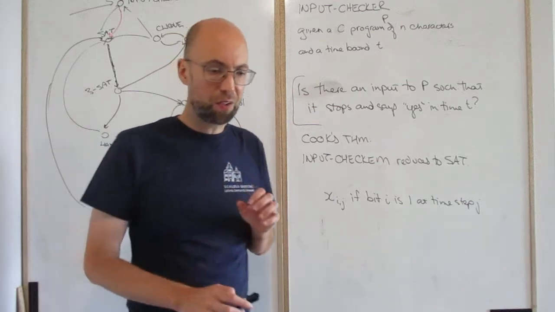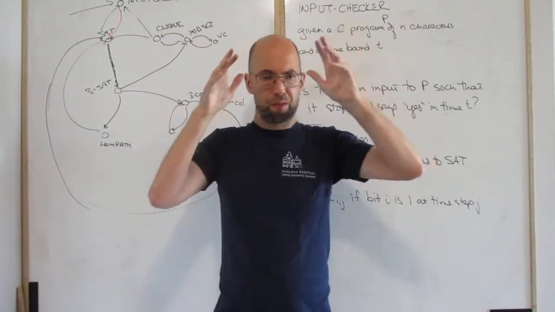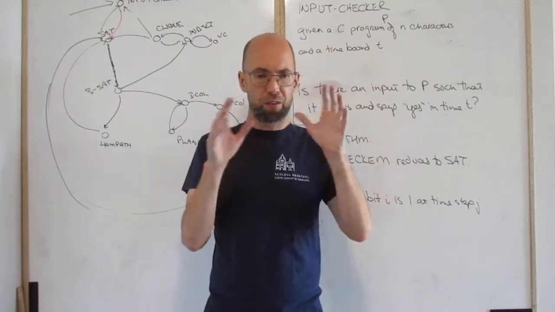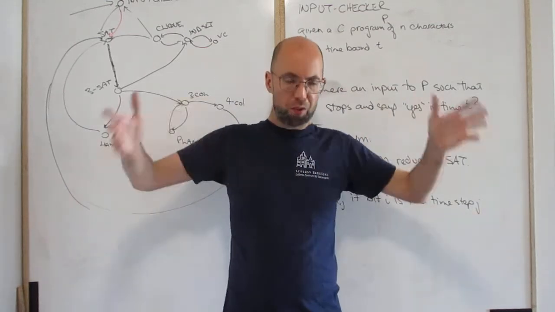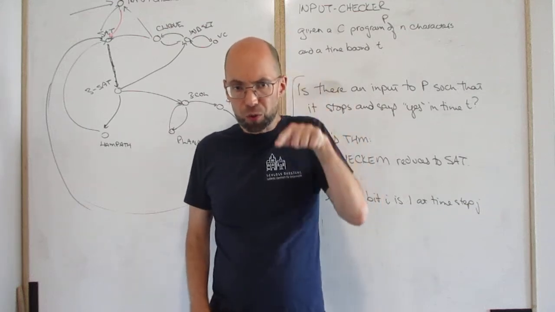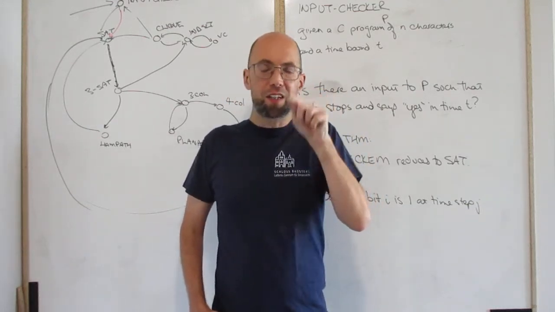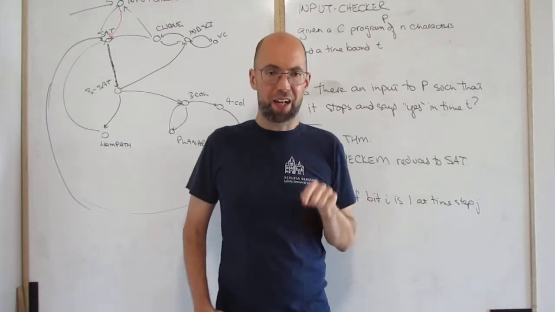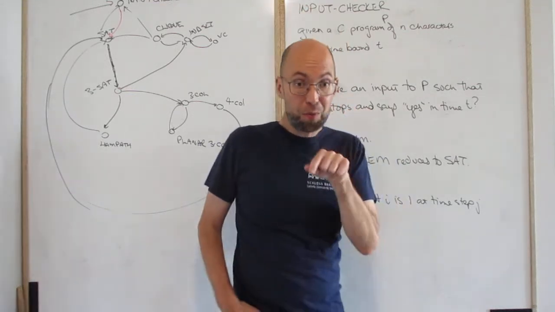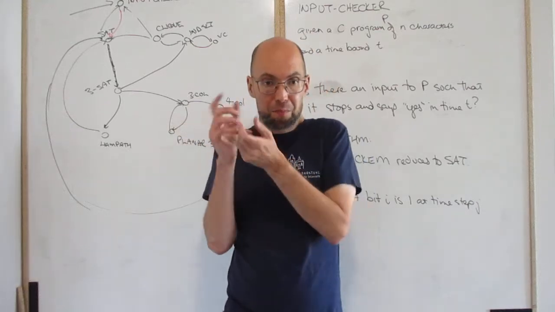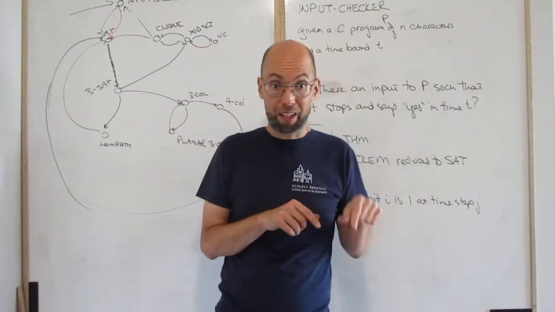And then imagine that you have your little control unit, your CPU, and you have this polynomial size memory. You have some pointer which is saying what the CPU is looking at at the moment.